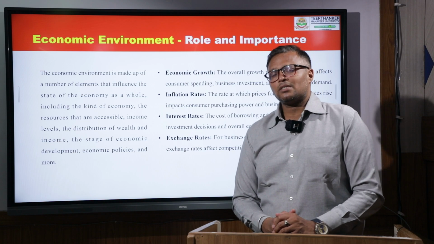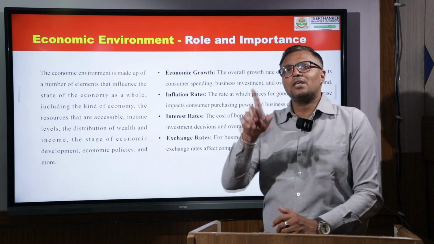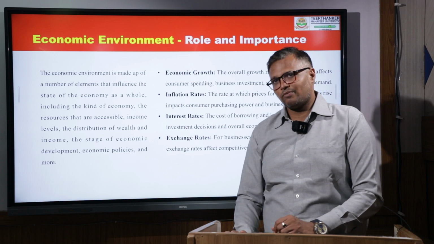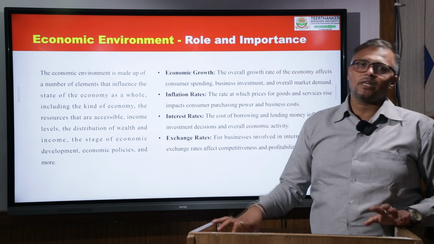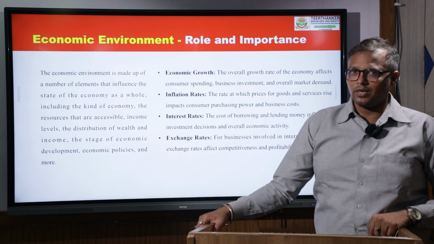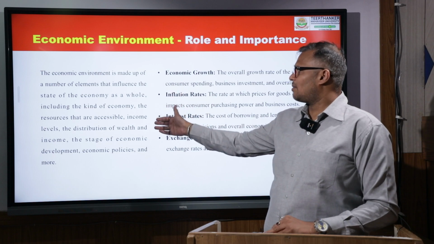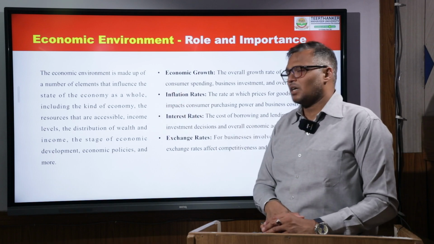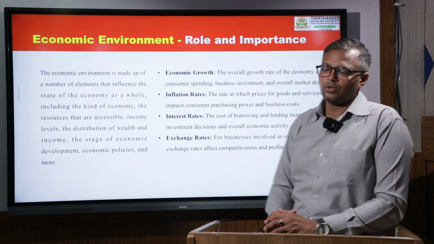This economic environment is very critical and is the only monetary factor. Remember, all other macro environments are non-monetary in nature. It is the only factor which is monetary in nature. So this economic environment is shaped by various reasons, for example, the state of economic growth.